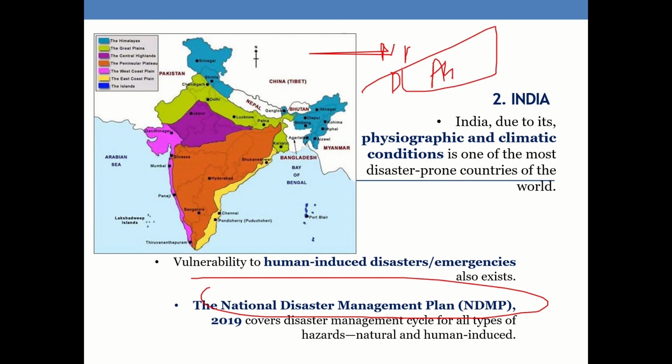Okay, from that lens, we will try to understand which are the major disasters India is prone to, and what are the measures the government of India is taking, what are the measures that we have to know as architects, and also maybe urban designers and planners, so that we can help in building a better design, and also make cities which are resilient to disasters.